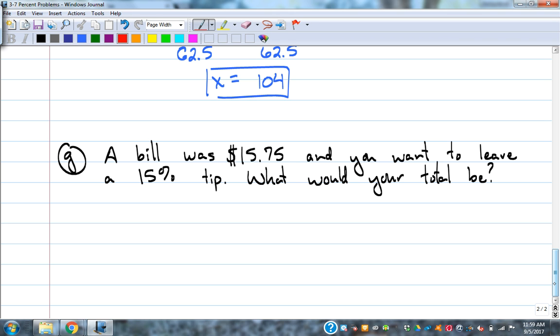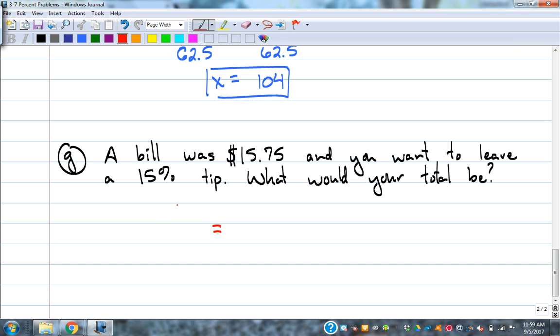All right, so what are we looking for here? There are a couple of different ways to work this, but what's one way to work it? We're going to leave a tip. We have $15.75 as our bill. We need to find 15% of that.